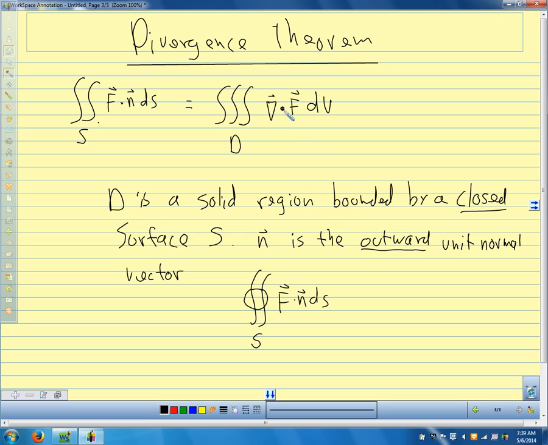So the divergence of our field in the solid is telling us something about the flux of the field through the surface of that solid.